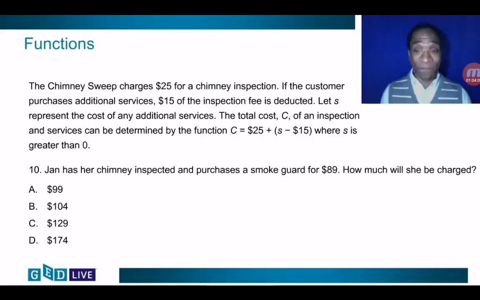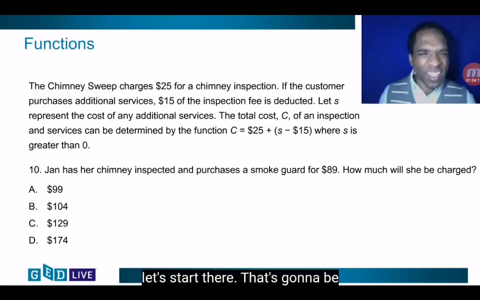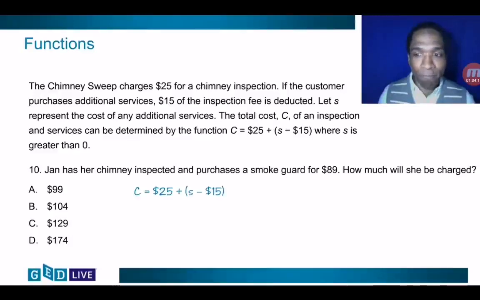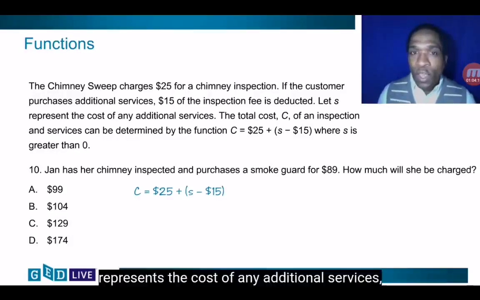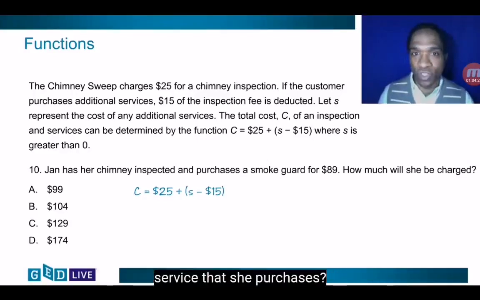Okay, now, since they give us a function, let's start there. That's going to be our rule. Don't forget. Here it is. And since S represents the cost of any additional services, what does S equal for Jan? What's the cost of the additional service that she purchases?